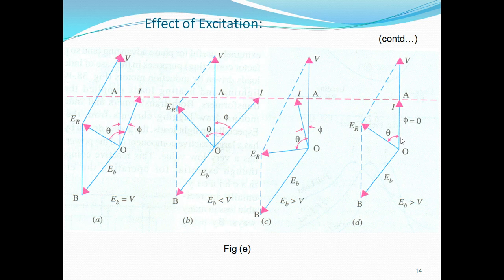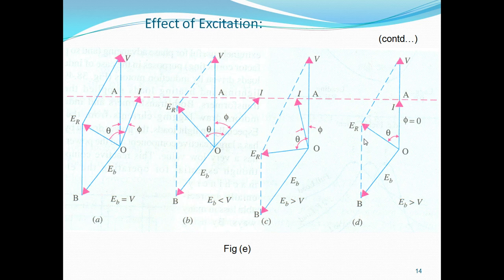The excitation higher than normal is called overexcitation, whereas excitation lower than normal is called underexcitation, as shown in this figure. As shown in the figure, overexcitation causes leading power factor and underexcitation causes lagging power factor drawn by the motor.